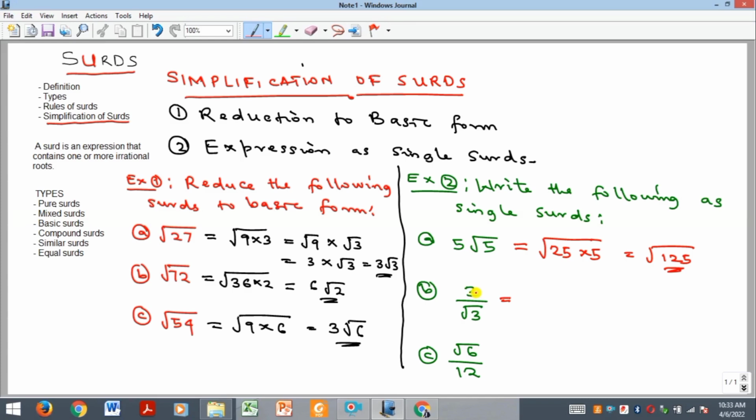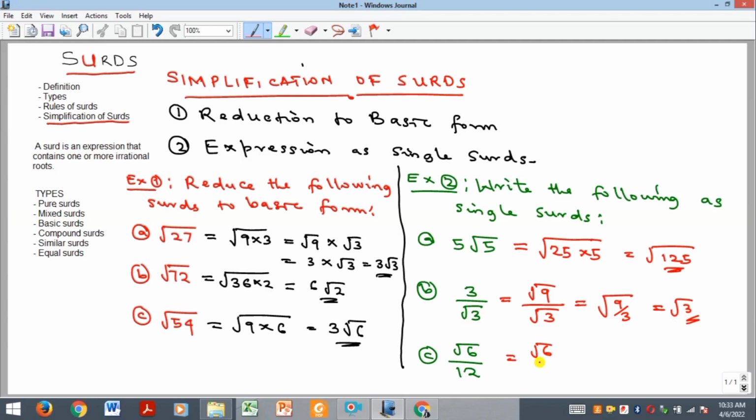So I'm going to bring back the square root by squaring this. And if I do that, I'm going to get the root of 9 all over the root of 3. And so by the rule of surds, when you have two roots or two surds dividing, I can simply take one root, and that's 9 over 3. And the root of 9 over 3 is simply the root of 3. And that's your answer.